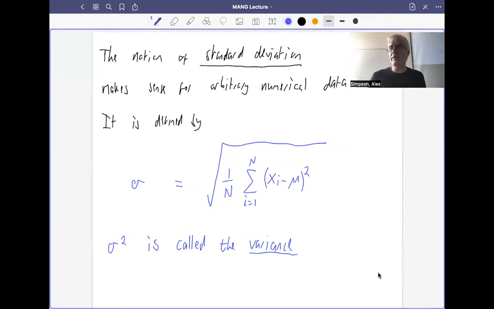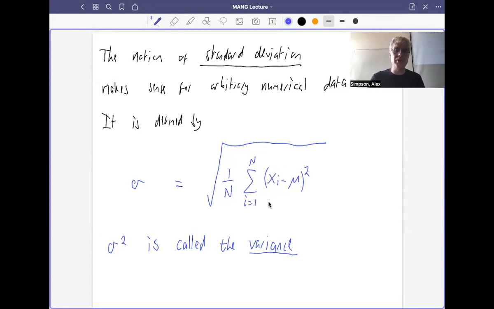Okay, so that's the standard deviation. I should warn you that in statistics, you get another formula for standard deviation in which there's an n-1 here. This is to do with subtle notions in statistics to do with whether you're taking a standard deviation of a population or a sample and exactly the circumstances in which you're doing that. Those are subtle points in statistics that we're not going to talk about further in today's lecture.